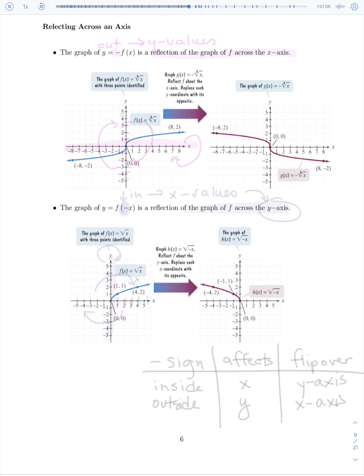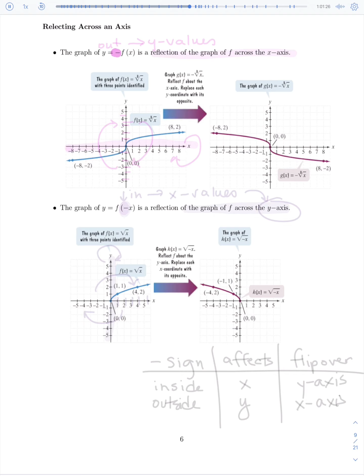In this next little section, what we're going to look at is how a negative will affect our graphs, whether the negative is on the outside or on the inside of the function. It does matter.